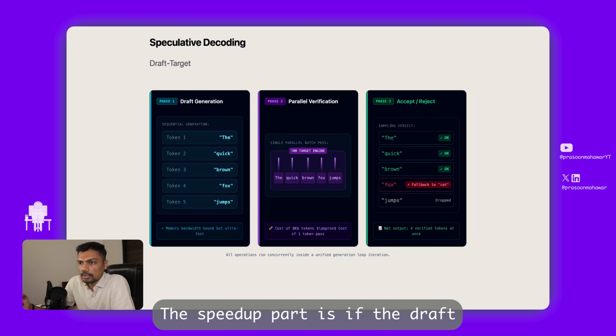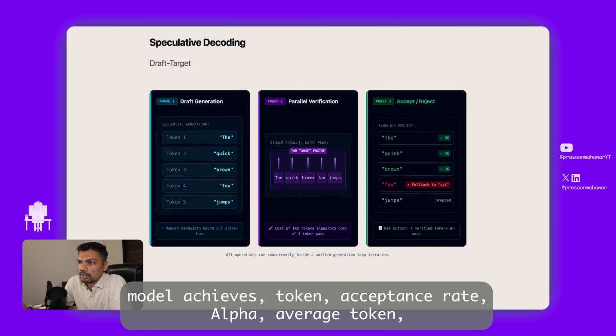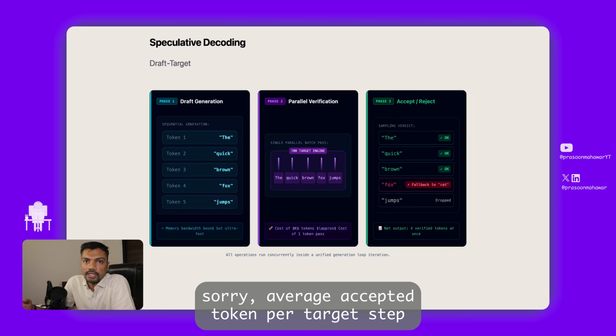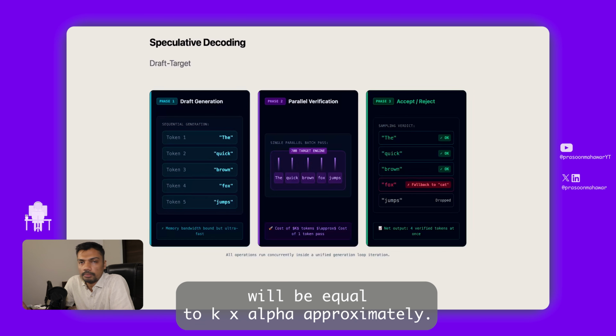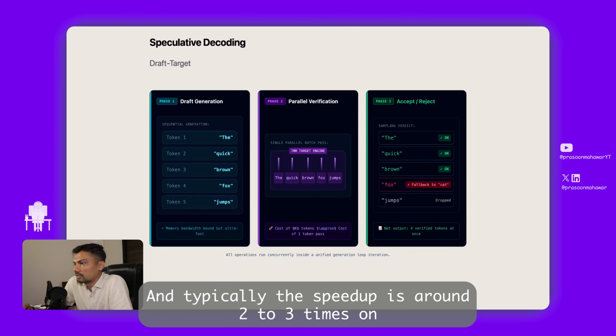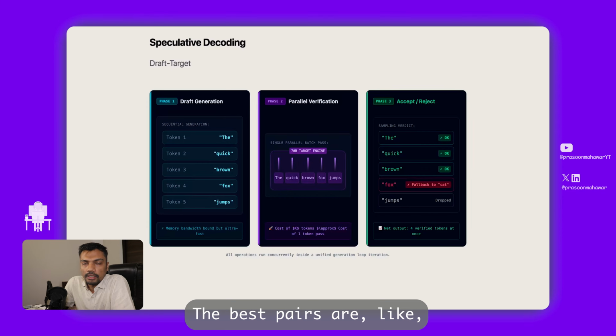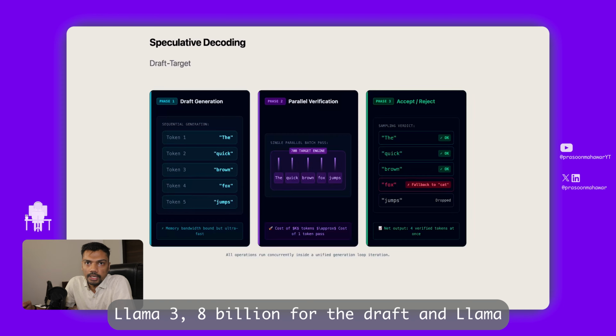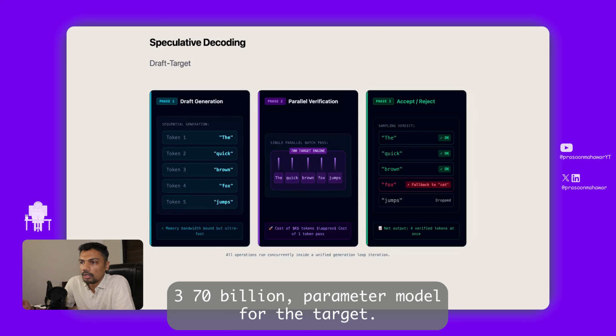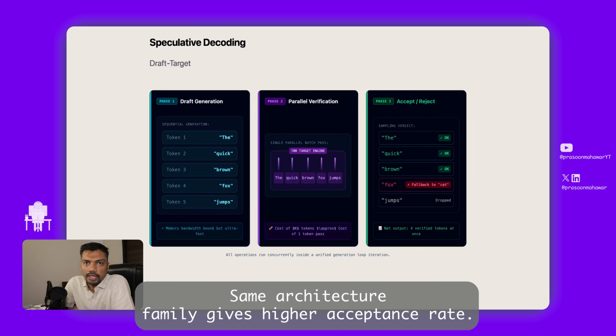The speed up part is, if the draft model achieves a token acceptance rate alpha, the average accepted tokens per target step will be approximately k times alpha, and typically the speed up is around 2 to 3 times on well matched draft target pairs. The best pairs are like Llama 3 8 billion for the draft and Llama 3 70 billion for the target. Same architecture family gives a higher acceptance rate.